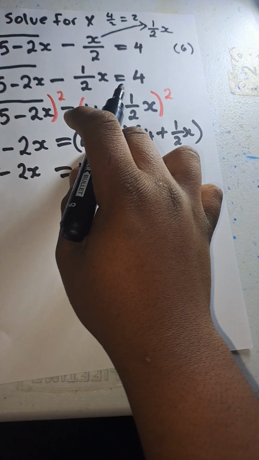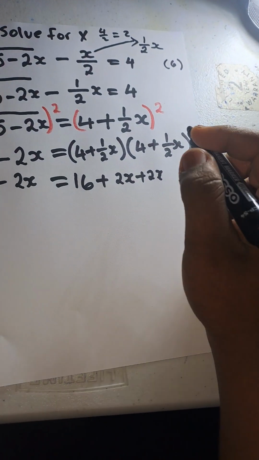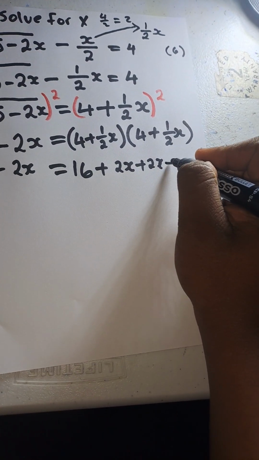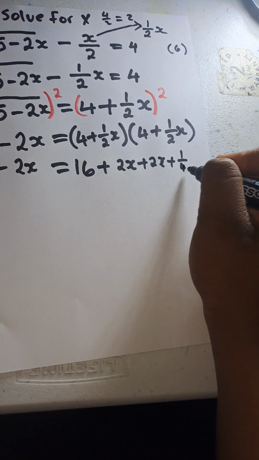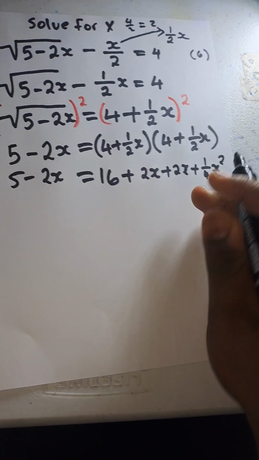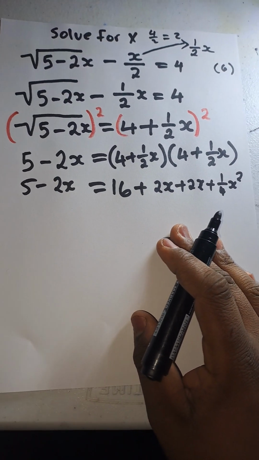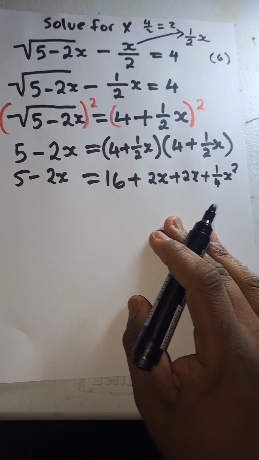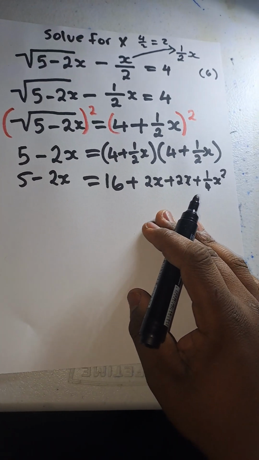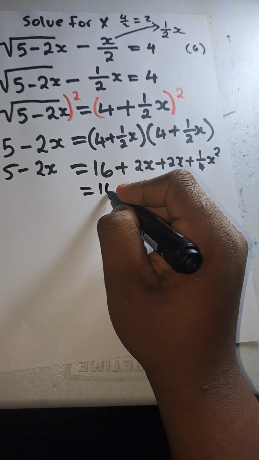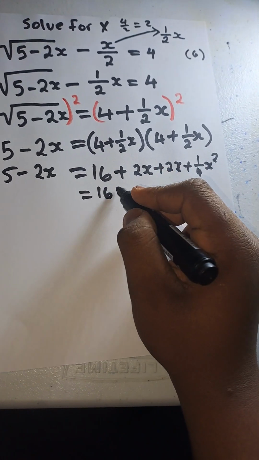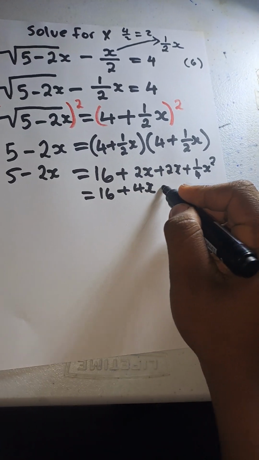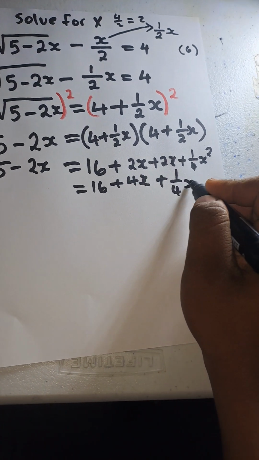Then half times half is 1 over 4. You're multiplying, so it is plus 1 over 4 x squared. Now we can do like terms. Let me sort this: 16 plus 4x plus 1 over 4 x squared.